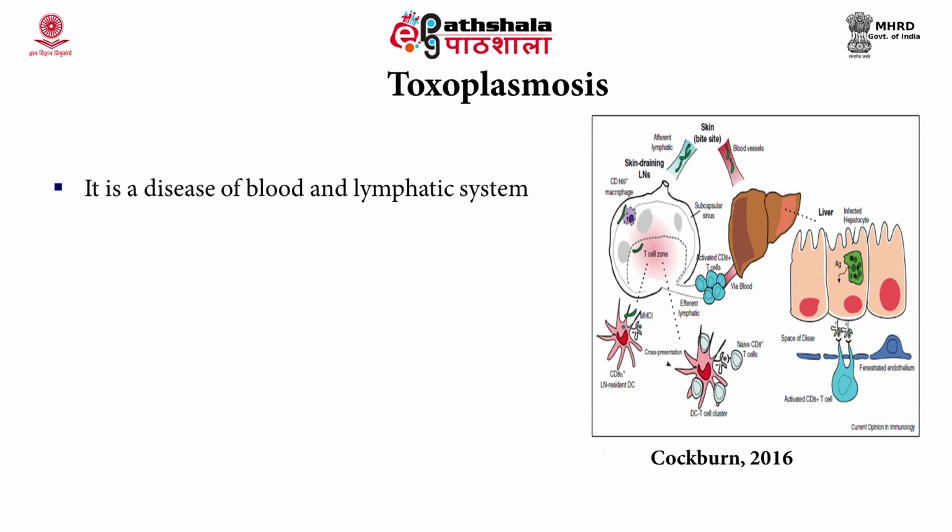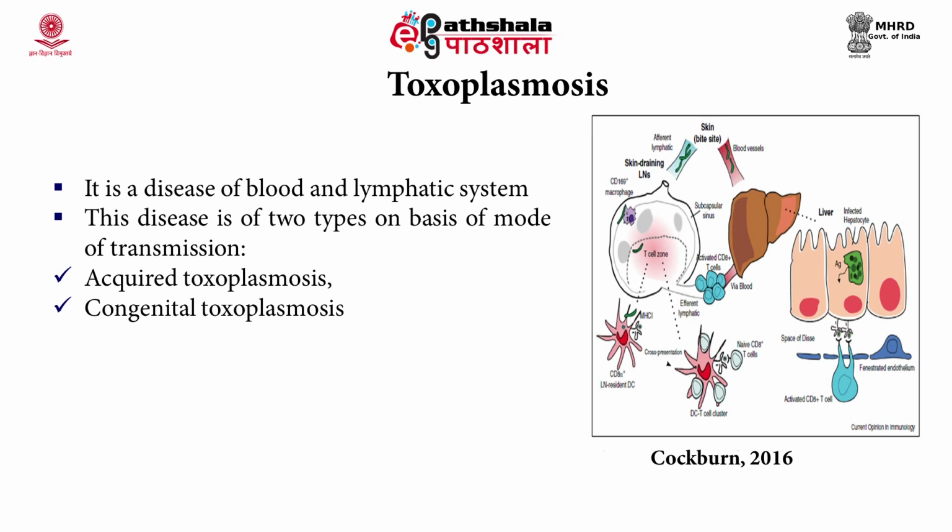The disease toxoplasmosis is spread through the blood and lymph system. This disease is of two types on the basis of the mode of transmission: one, acquired toxoplasmosis, and second, congenital toxoplasmosis.